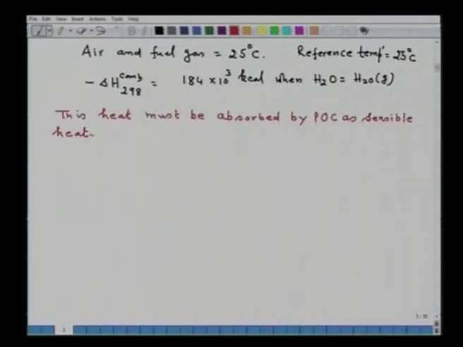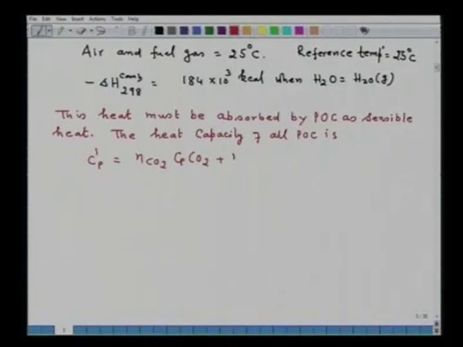So, now we can find out the heat capacity of all products of combustion, given by say C dash P, that is equal to n CO2 into Cp CO2 plus n H2O Cp H2O plus n N2 Cp N2.